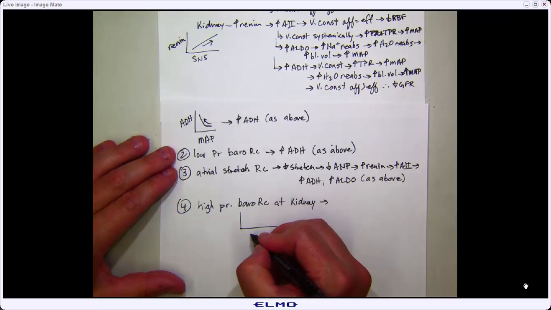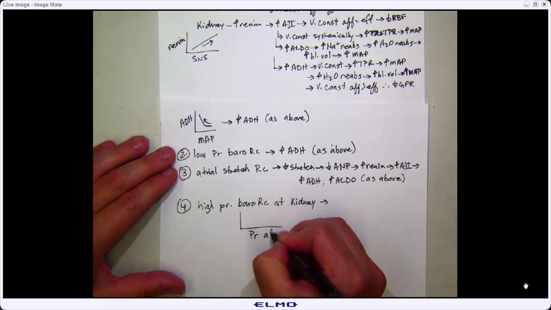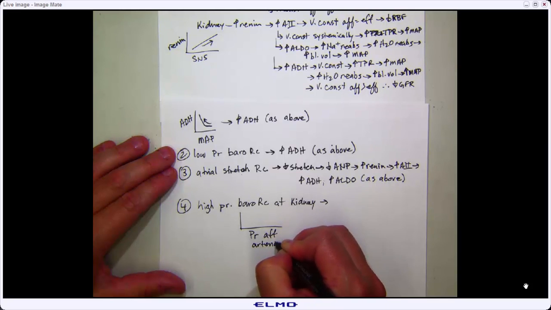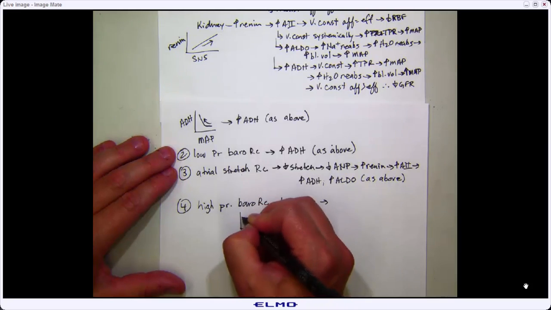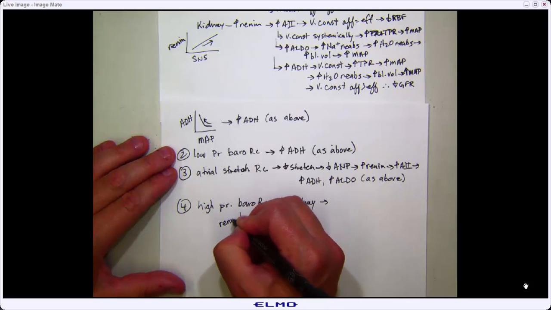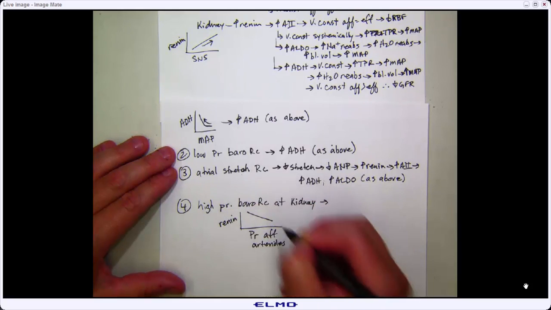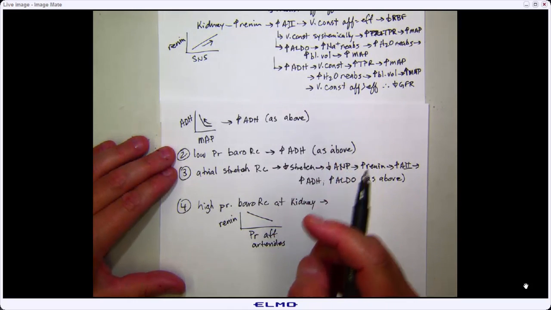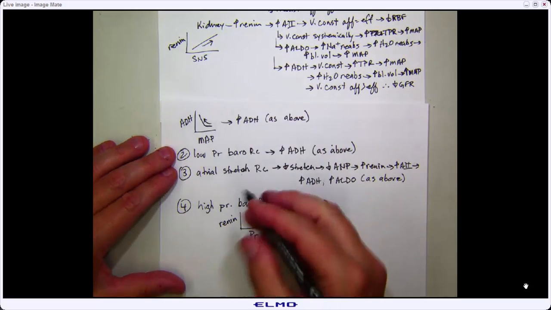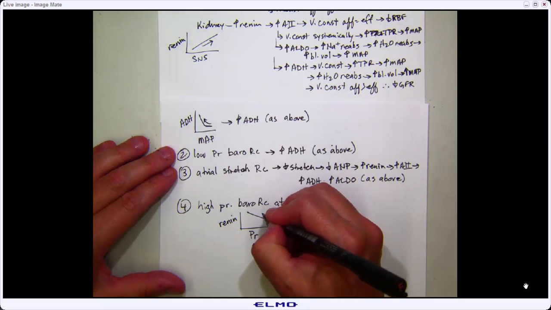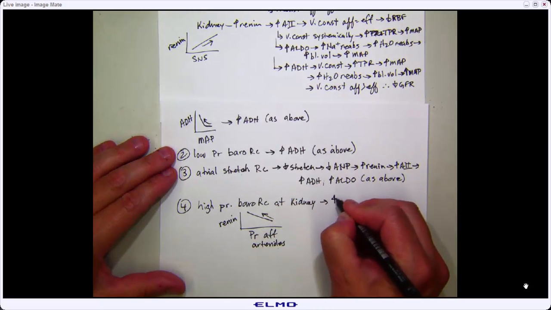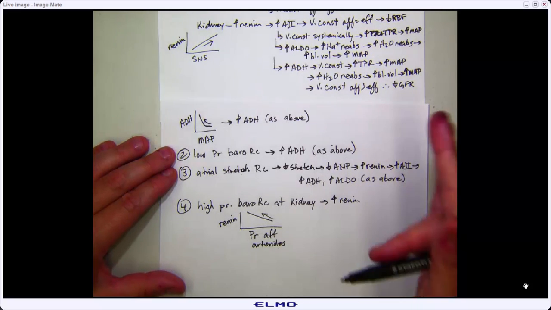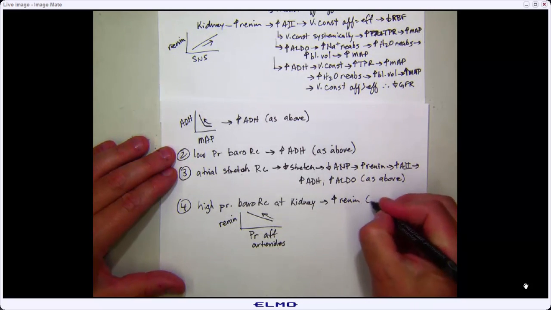It was pressure in the afferent arterioles and renin release, and the relationship looked something like that. So we would decrease mean arterial pressure, so we would decrease pressure in the afferent arterioles, so we would increase renin, which is going to increase all the stuff we've already talked about.